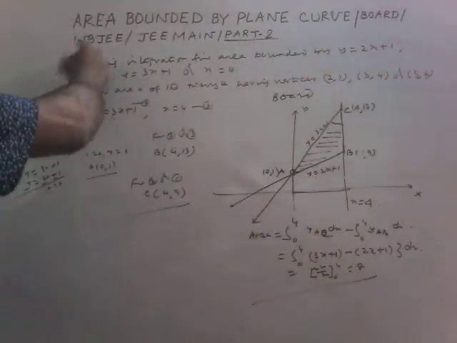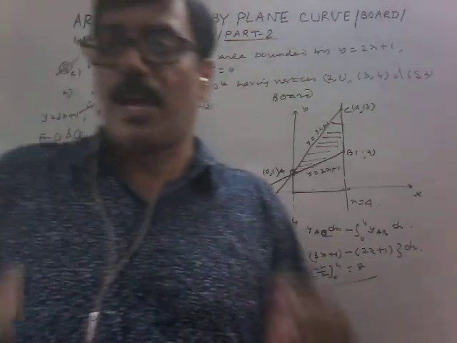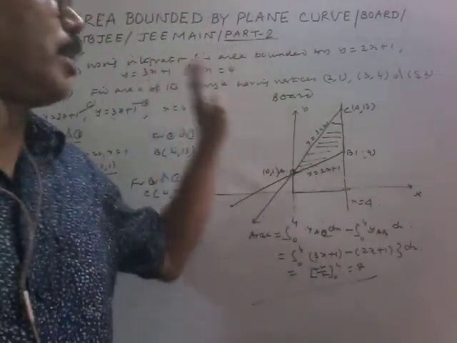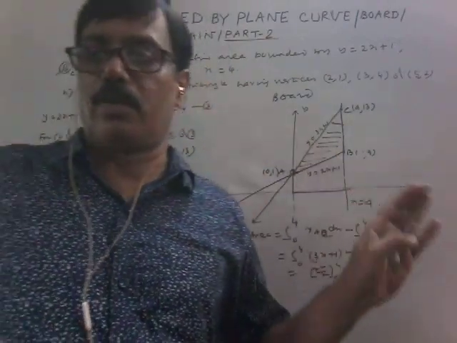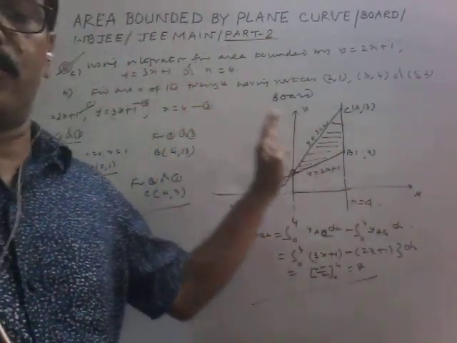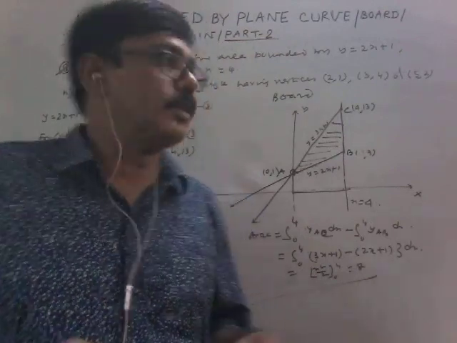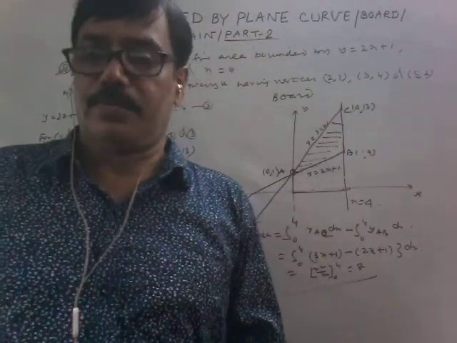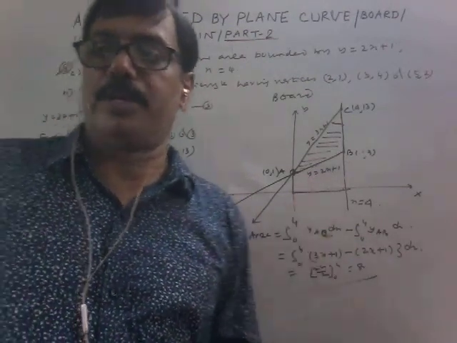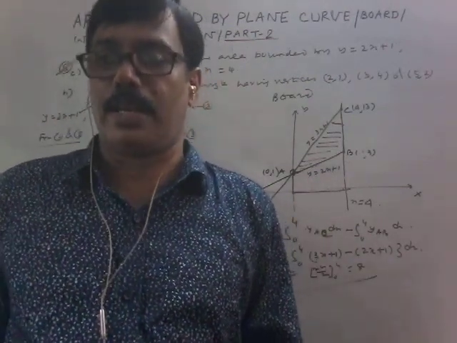So today we have discussed 8 types of problem. These are important for board as well as West Bengal JEE, WBJEE and JEE main also. This is the most important chapter for finding area.